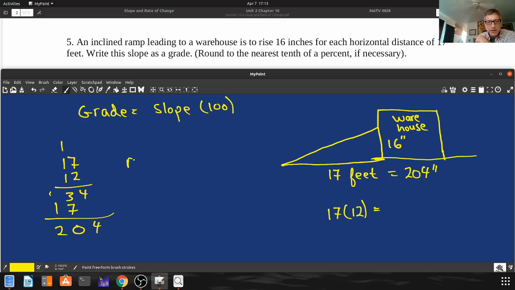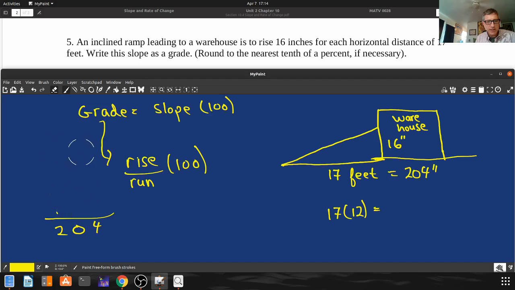So our rise over our run times 100 is equal to our grade. Go ahead and remove my calculations over here. I need to take a note.